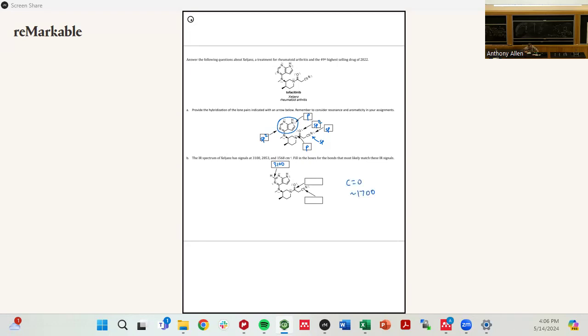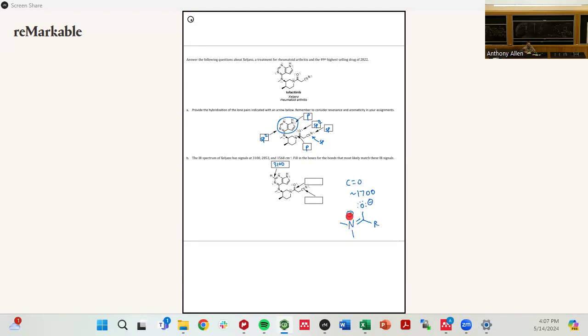But if you have a factor like resonance, and in an amide, we know this resonance form is actually quite relevant. The lone pair that was used to overlap is in a 2p orbital, so that's good.